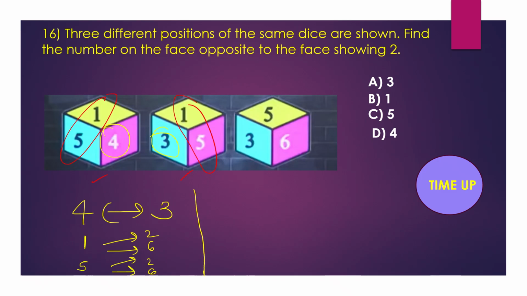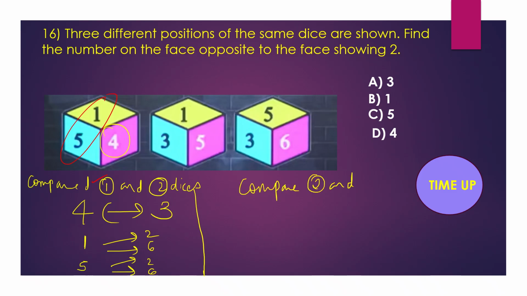Now compare the second and third dice. What is common in the second and third dice? 3 and 5 are common. So first we compared the first and second dice, but we are not sure what the opposite of 2 is, correct?